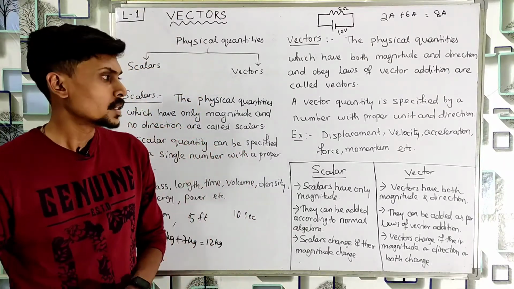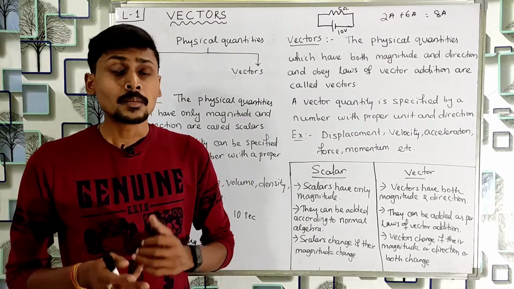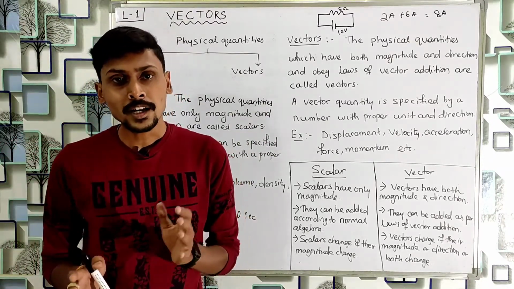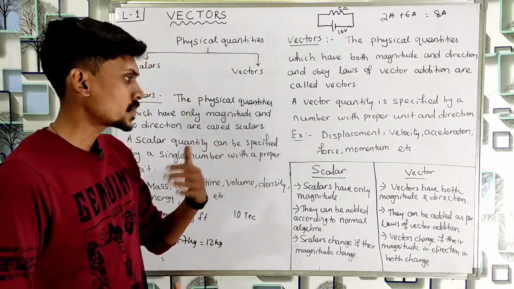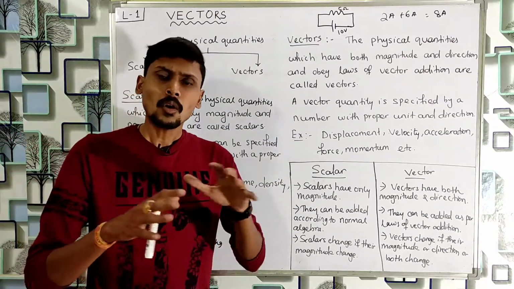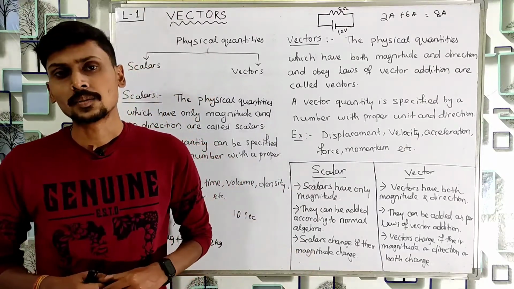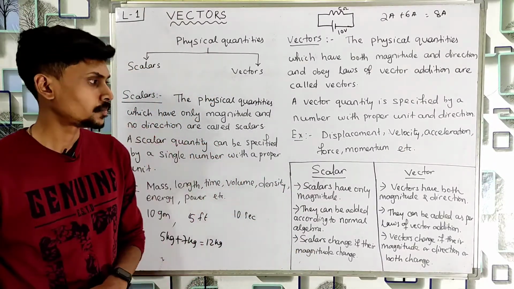Similarly, velocity has direction but speed has no direction. That's why velocity is a vector quantity, speed is a scalar quantity. Acceleration, force, momentum, all these quantities are vectors because they have direction.